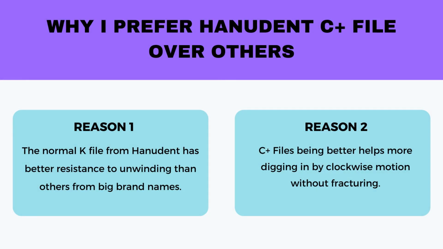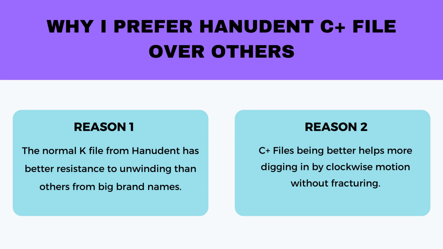Now let us see why I prefer 100 C+ files over the other counterpart. Normal K files from 100 itself have better resistance to unwinding than K files from other big multinational companies.